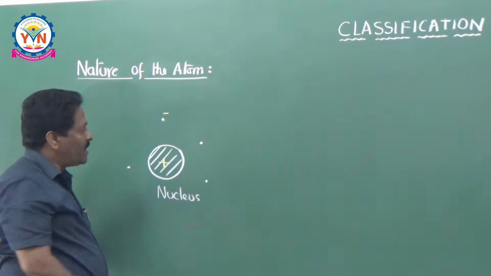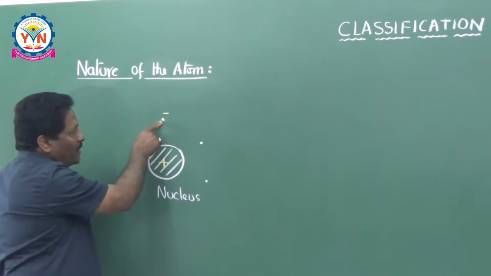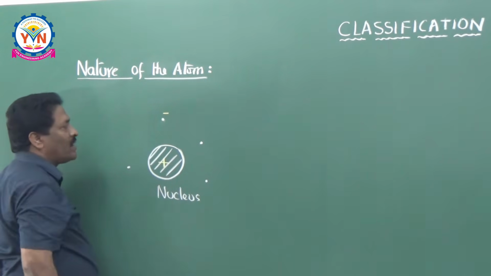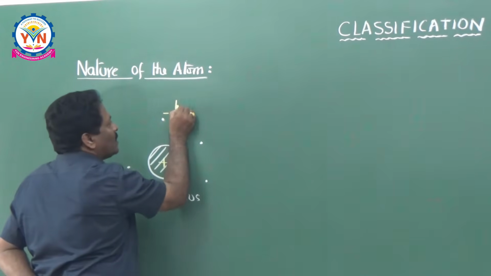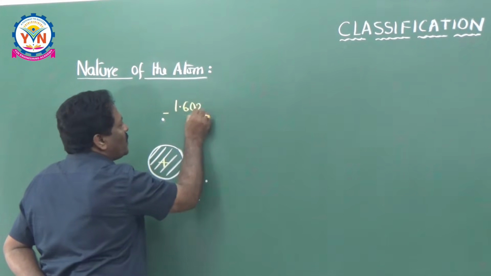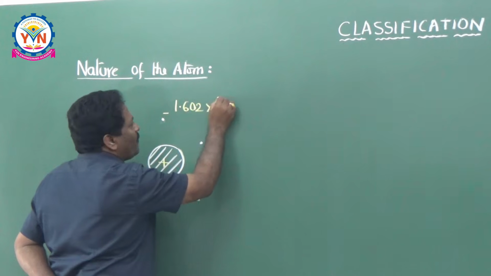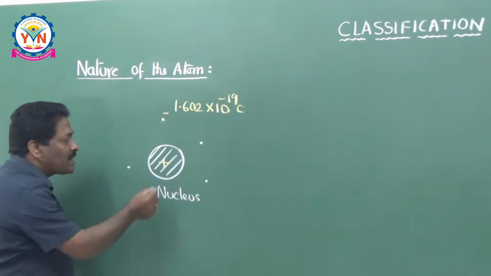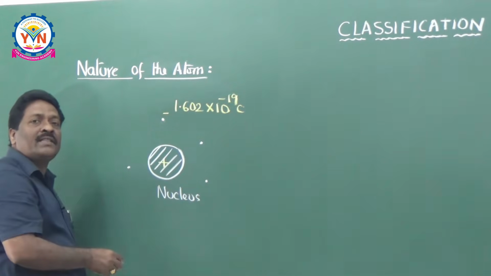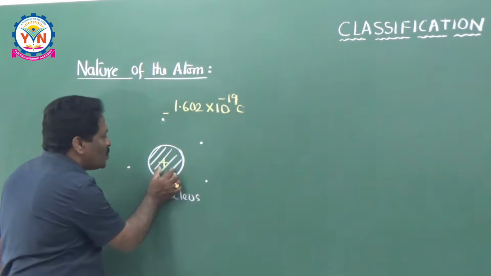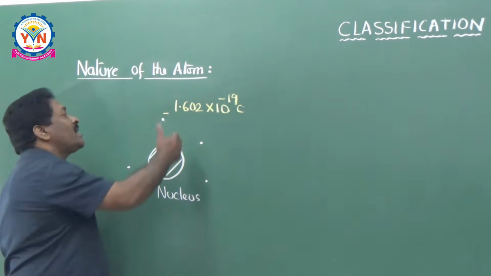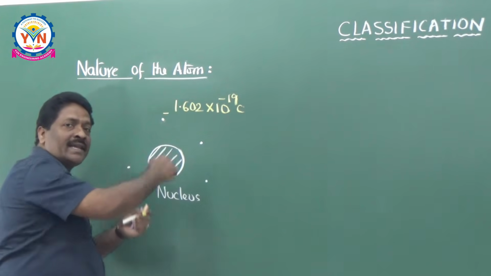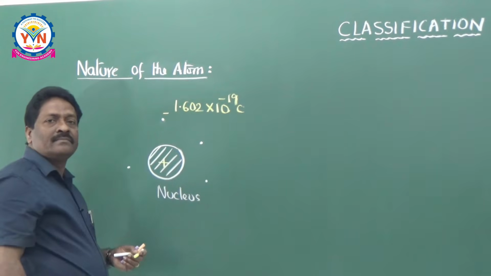The electron's charge is 1.602 into 10 to the power of minus 19 coulombs, whereas the protons inside the nucleus have positive charge. Having opposite charges, they can attract each other.